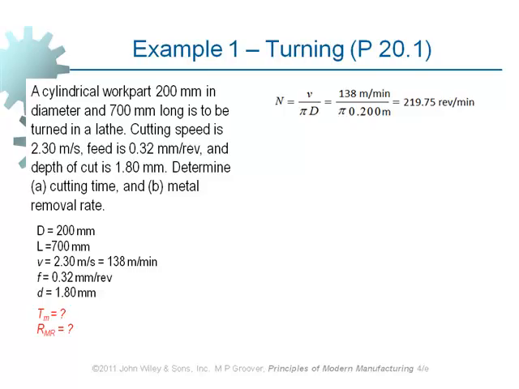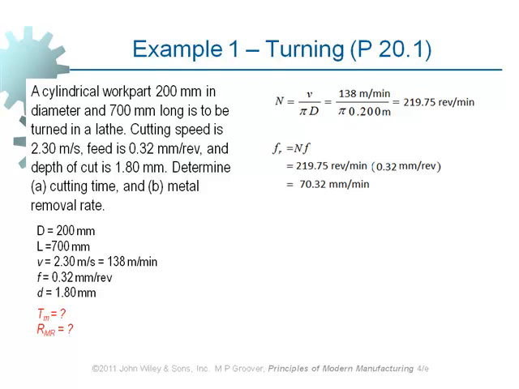If this is the cutting speed, then we need to compute feed rate. What is given here is millimeters per revolution. What we are after is feed rate, whose unit is millimeters per minute.